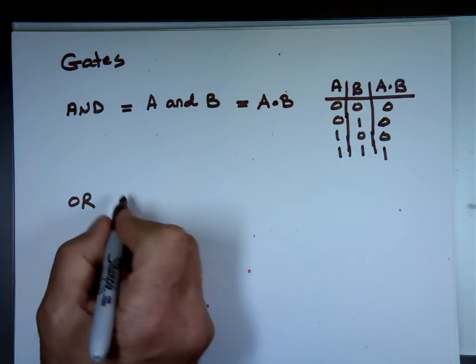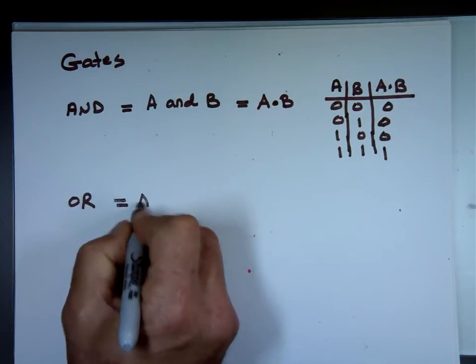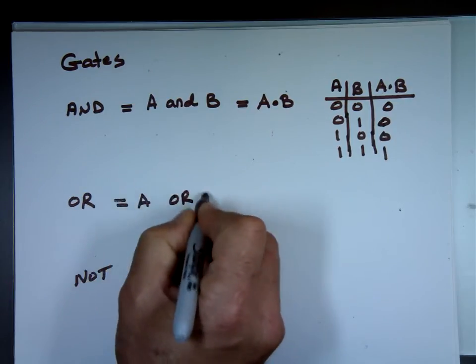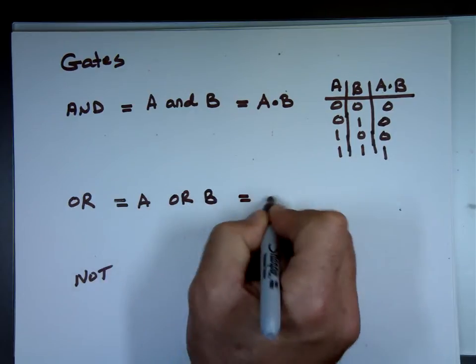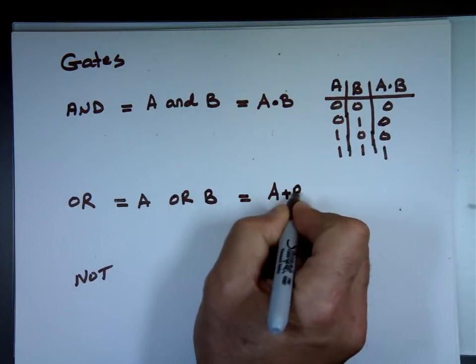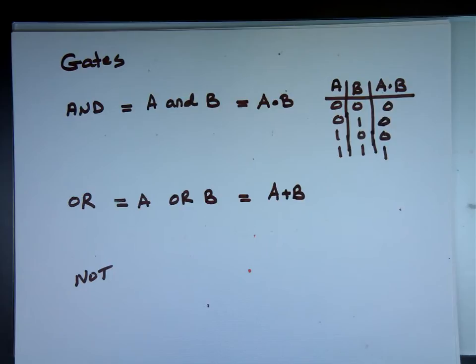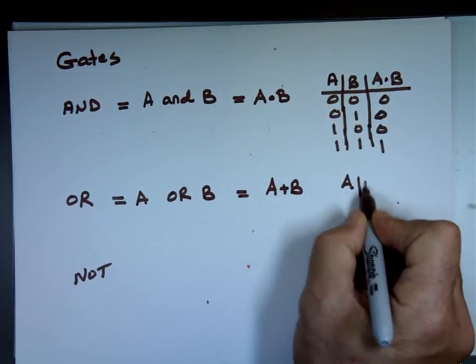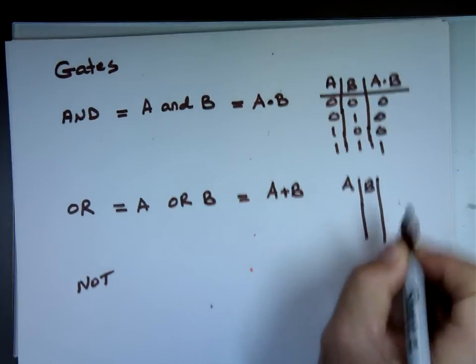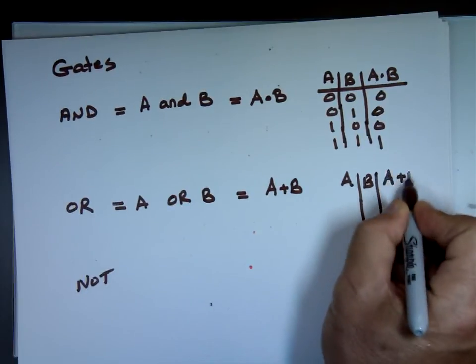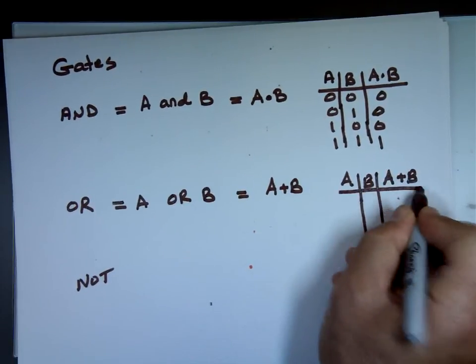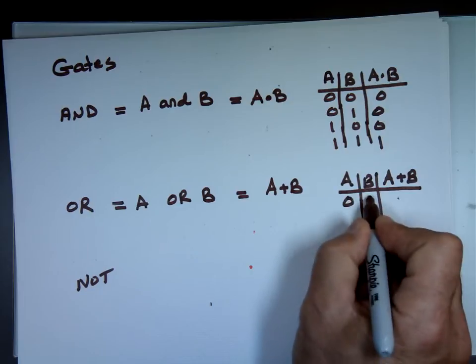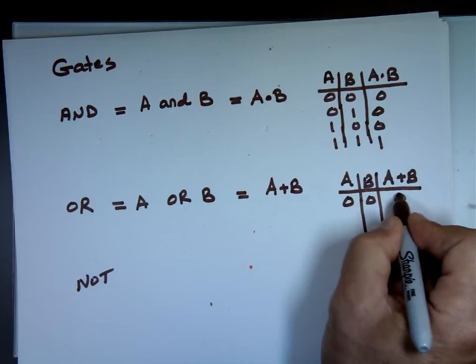The OR gate, when you write A or B, again, we don't want to write the word OR. We use addition. And if you look at the math, it looks similar. I didn't say exactly, it looks similar. What's 0 or 0? What's 0 plus 0? 0.